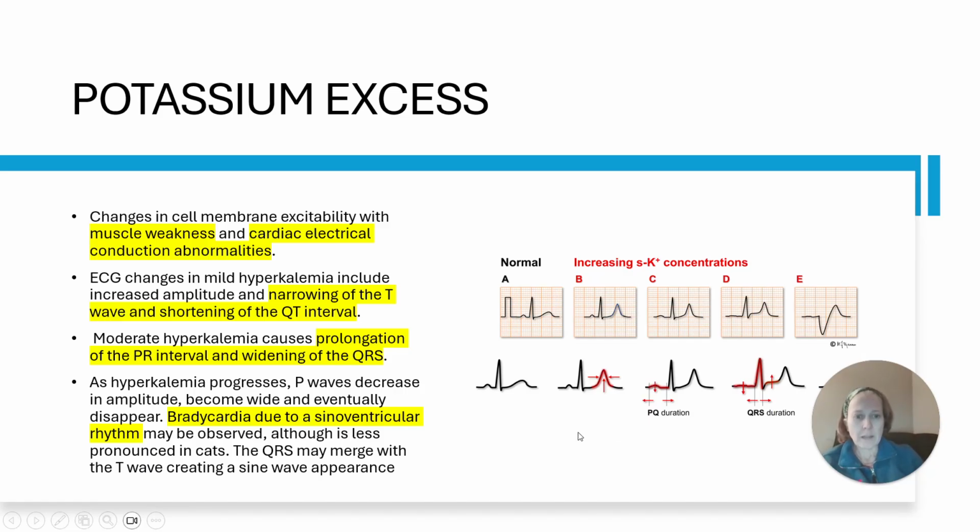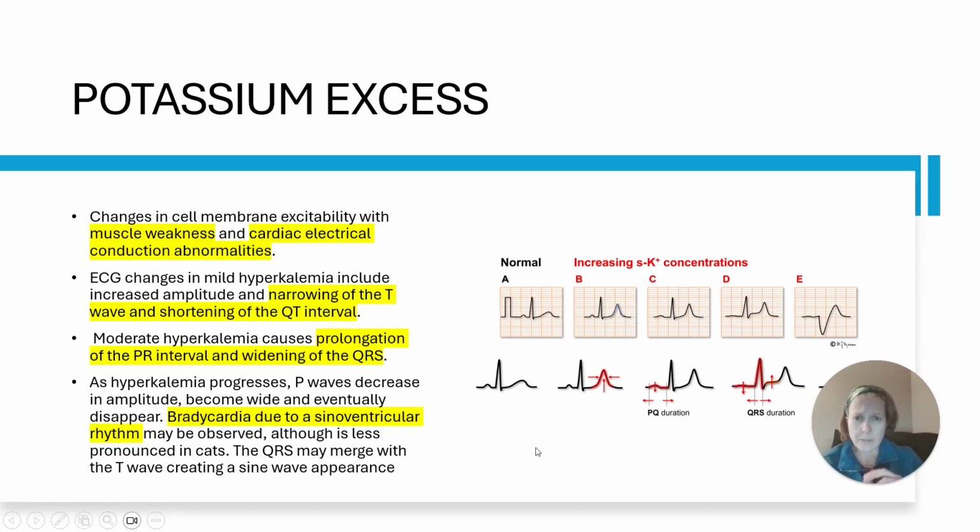And then as potassium continues to elevate, we will get P waves that are basically absent. You'll get wide and bizarre QRS complexes, and you still have these really crazy T waves. And notably, you will get this very pronounced bradycardia.